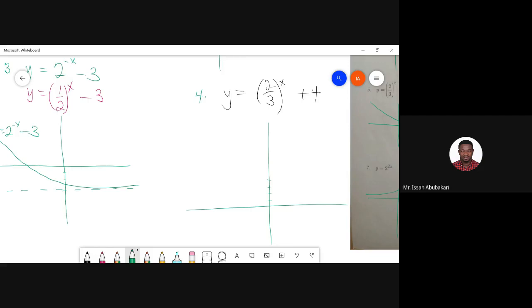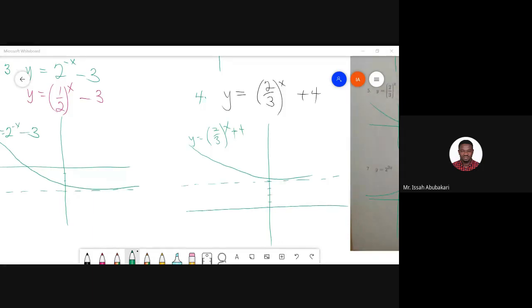And the line is decreasing, so we go this way. That's my graph looking like this. So at the end, we have y is equal to 2 divided by 3 exponent x plus 4. Is that okay? All right. So this will be how to plot exponential functions.